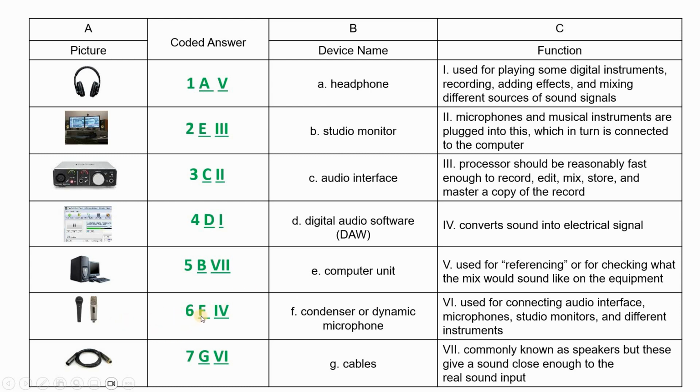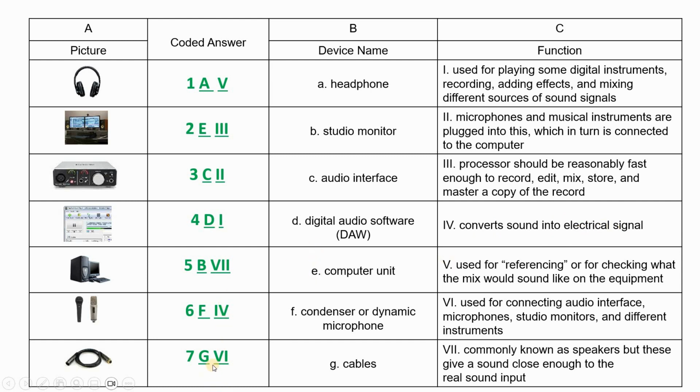The sixth item or items are condensers or dynamic microphones, and they function so that the analog sound could be converted into an electrical signal.